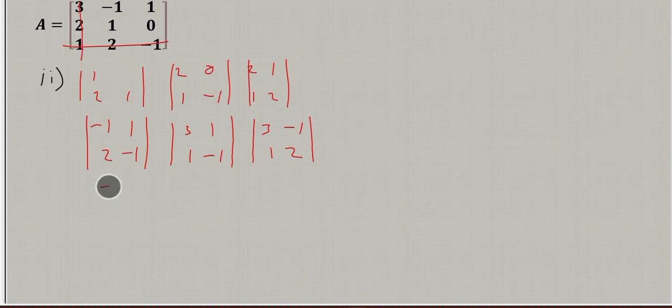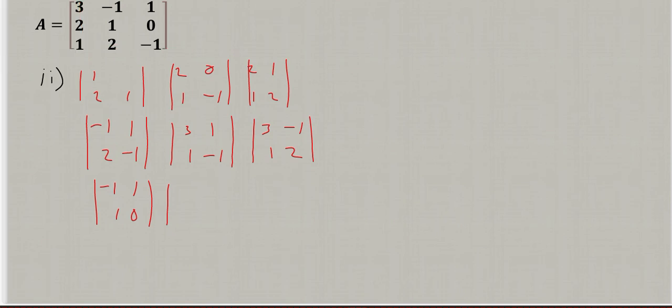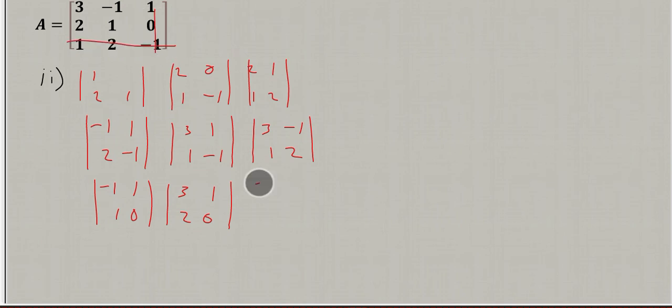So you're left with negative 1, 1, 1, 0. Done. You go to the next one, which is this and that. So you're left with 3, 1, then 2, 0. Then you go to the last one, so you're left with 3, 3, negative 1, 2, 1.